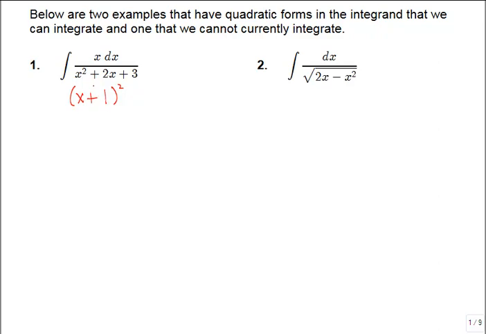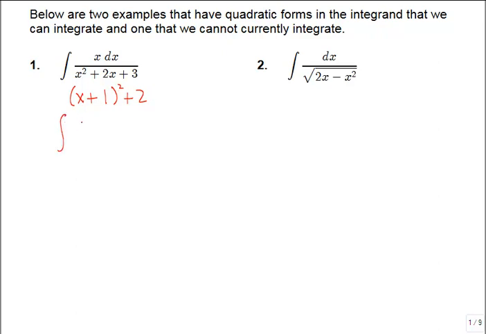And that would give me an x squared when I FOIL this out, and in the middle, I would get a 2x. But what I would also get is a plus 1, and what I need to have is a plus 3. So that means I'm missing 2 more. So x squared plus 2x plus 3 is the same as x plus 1 quantity squared plus 2.